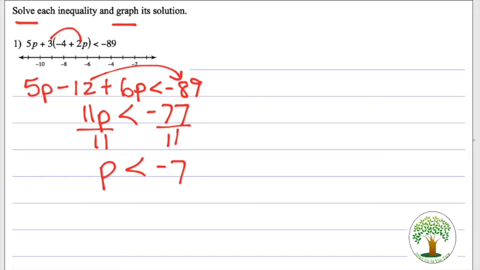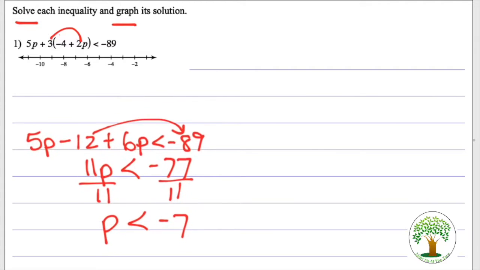All right, so let's graph it now. I'm going to give us a little more room here. Move that down. All right, so if P is less than -7, we're going to need to put a mark somewhere around there on the -7. This is a less than, and it stayed less than down here.